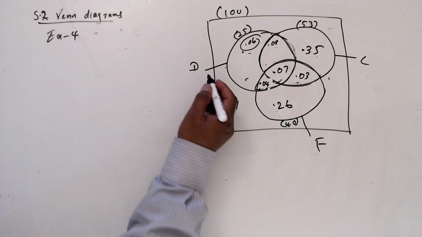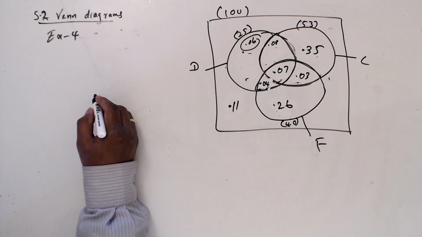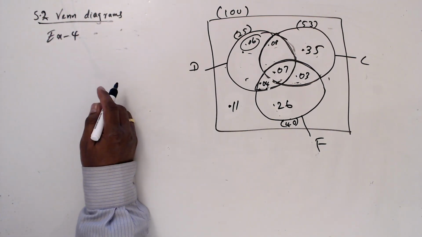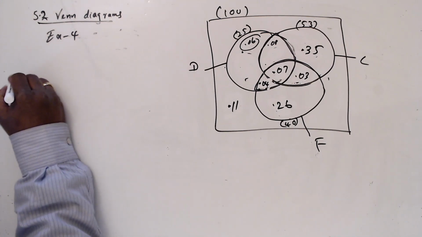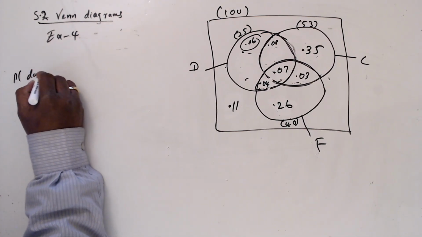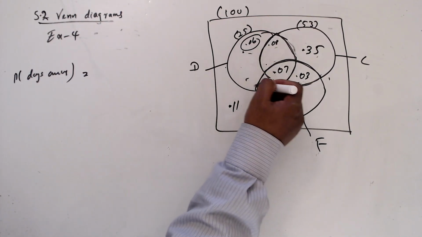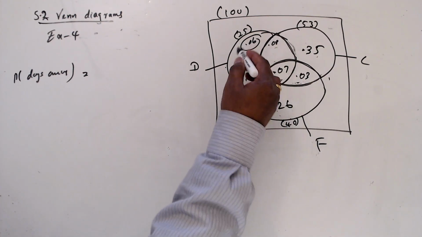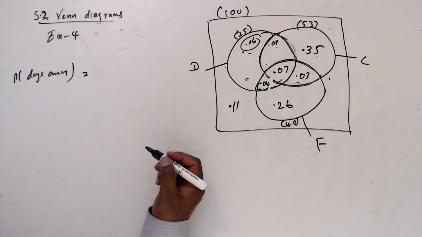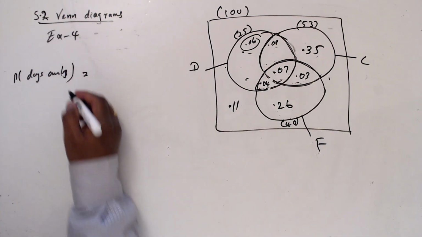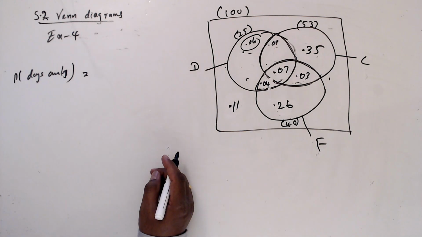So now dogs only. So probability of dogs only. You can write this area in terms of symbols, you can think about how to write it, so you have the techniques.